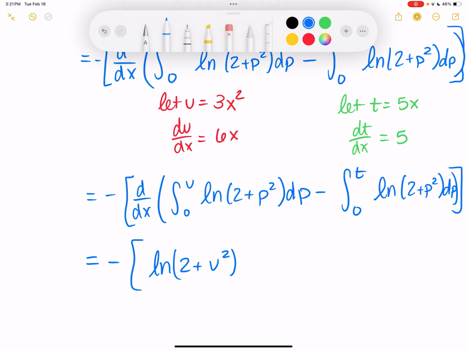We just replace with u. Times du/dx, minus, over here we replace with t. So ln of 2 plus t squared times dt/dx.